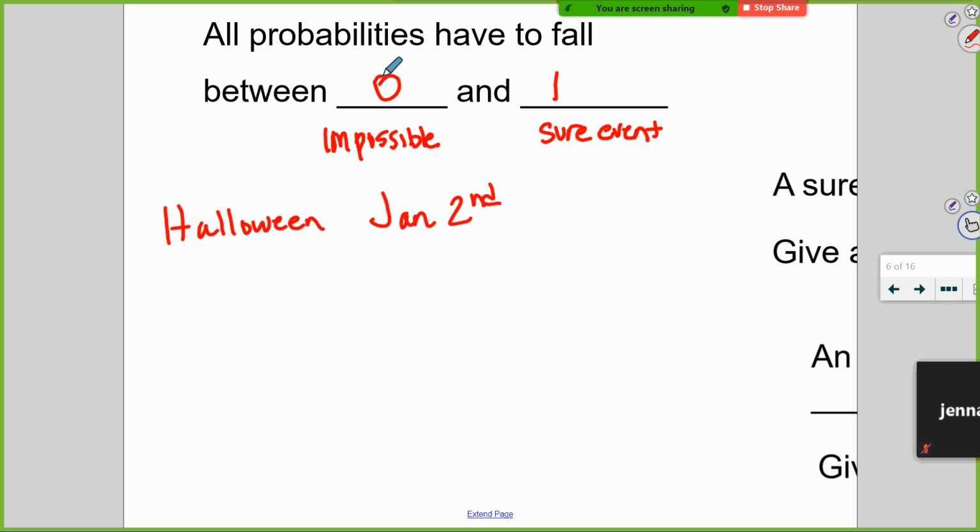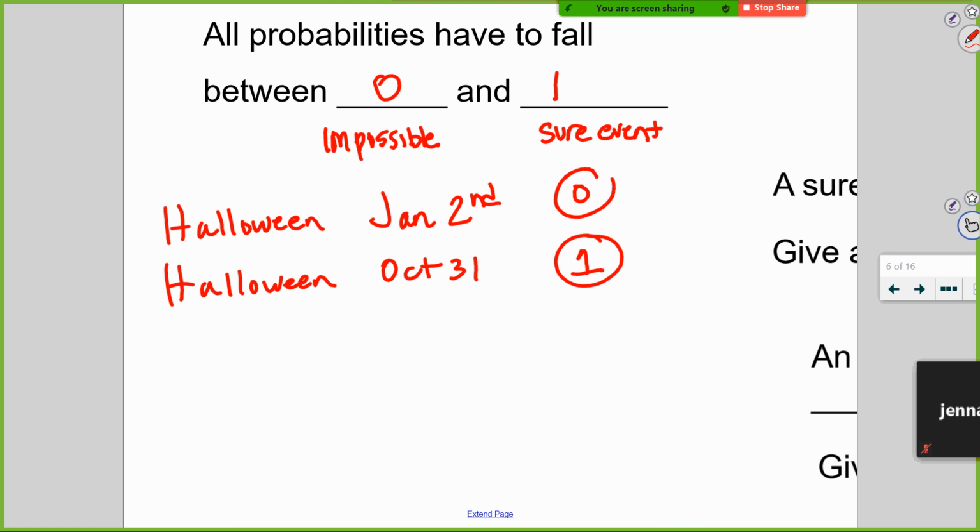Halloween will never fall on January 2nd. So that's an impossible event, okay? Halloween falling on October 31st is a sure event. That is always going to happen for our Halloween. Okay? So sure events and impossible events.